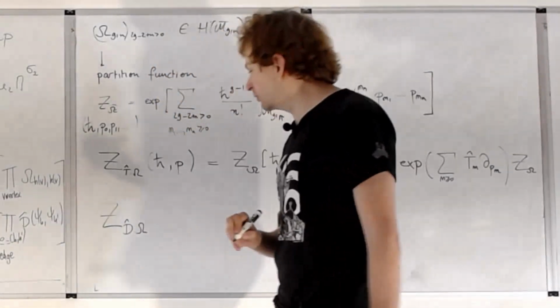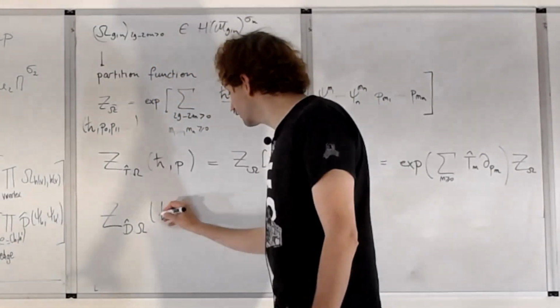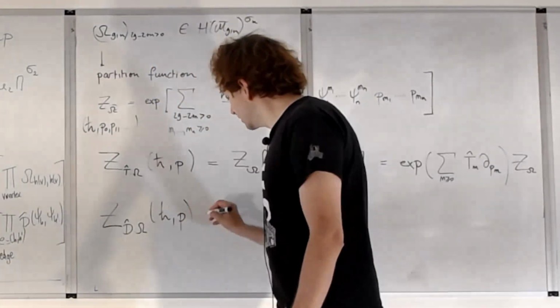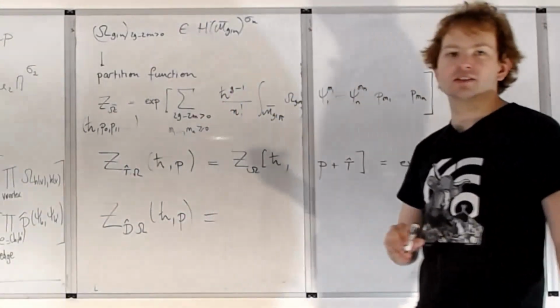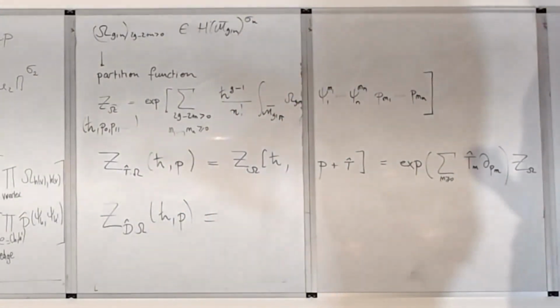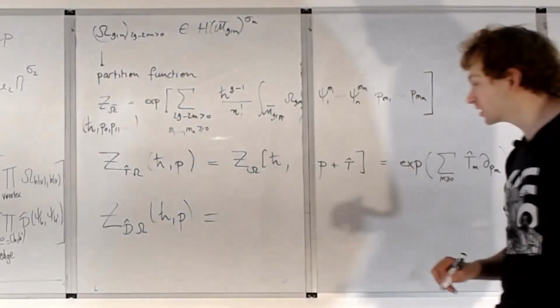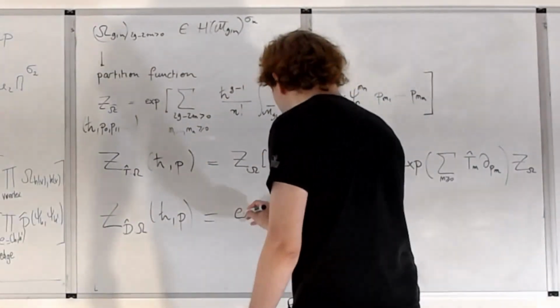So when you do the diffusion, it's a little application of Feynman diagram expansion or the Wick theorem that it can be written in this way.